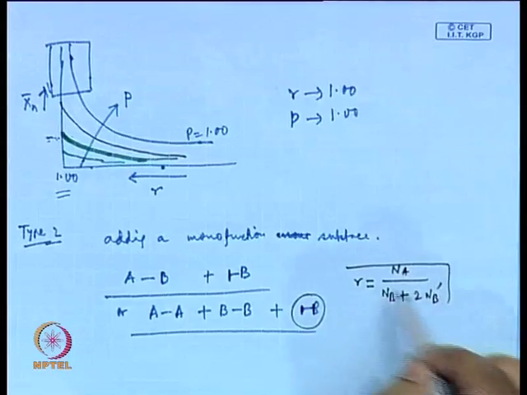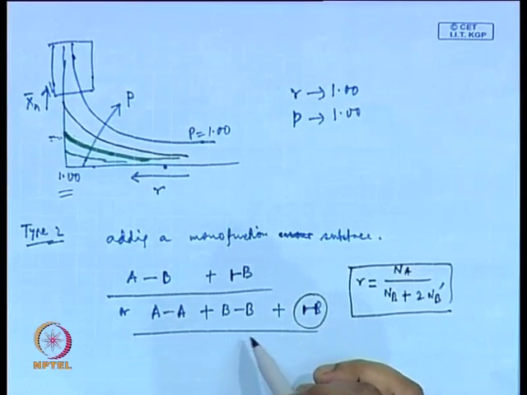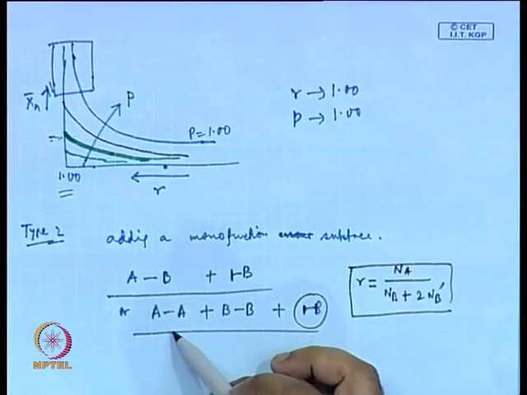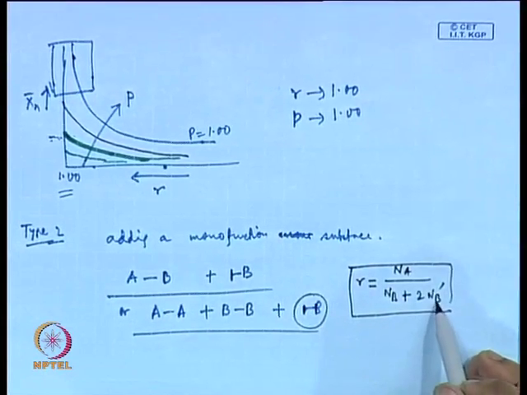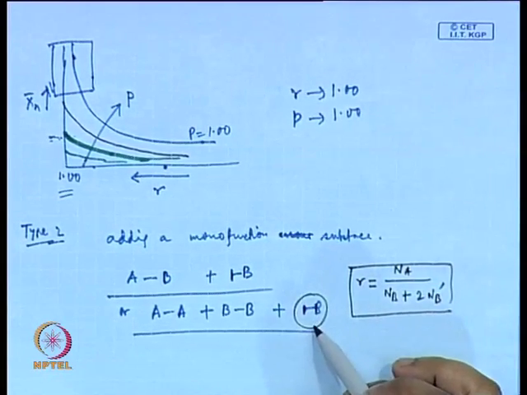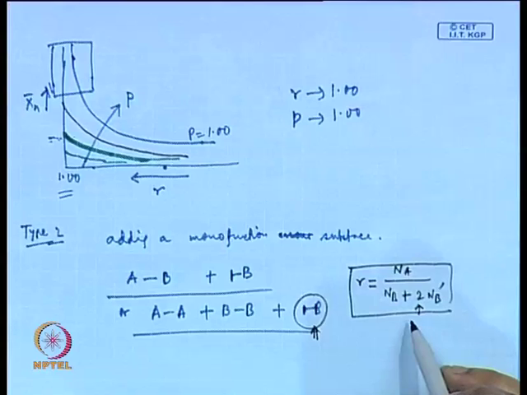The same expression can be used for this scenario as well, where you have either A or B, or 1:1 AB plus some excess B. In this case Nb dash is the number of moles of the monofunctional molecule having B. You might question what is the origin of the 2.